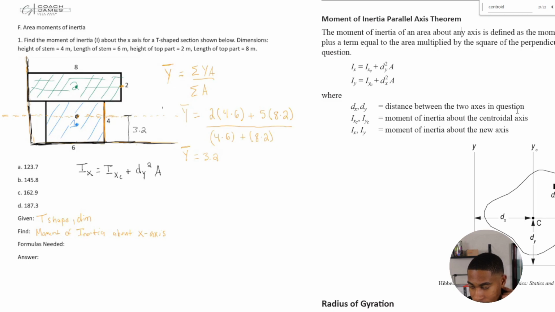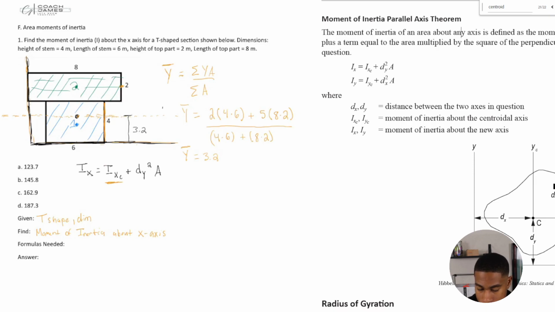So let's start with the first piece of this equation, which is Ixc. How do we get Ixc, or the moment of inertia of a specific area? Okay, so we break this up into parts again.